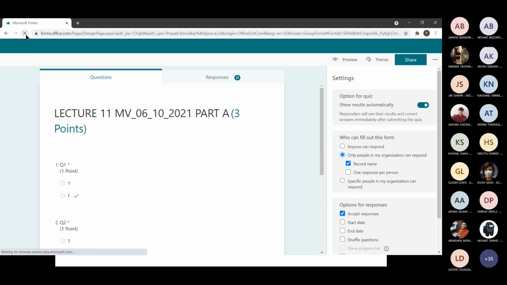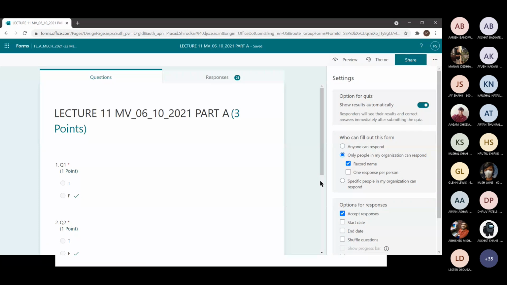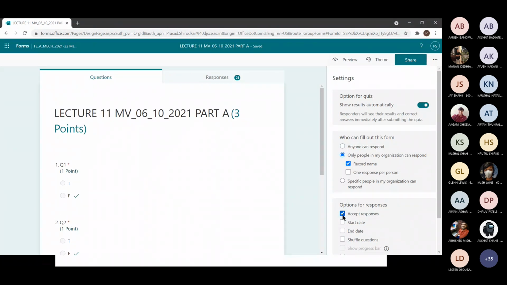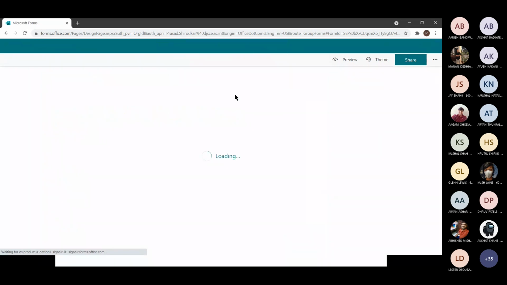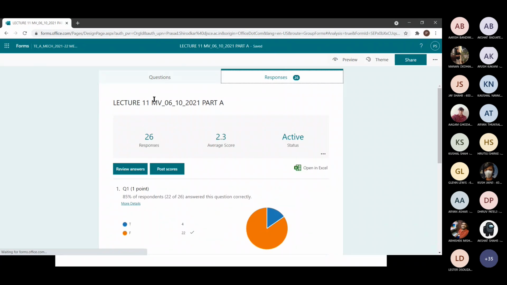Yes, respond quickly. Only 21 students are responding. No one else is responding. So should I close the form? Okay. Anybody else wants to submit?